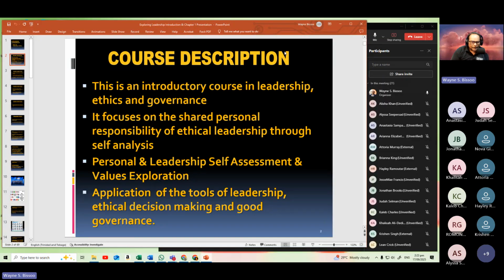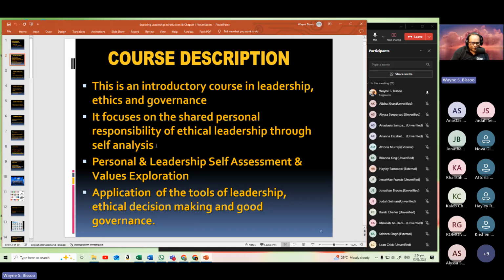The approach is one of very personalized. It's going to require you doing a lot of self reflection, because it's going to be looking at us sharing our personal take on things, looking at our own value structures and sharing that through a lot of self analysis. So we're going to be seeing a lot of that type of assignments that are going to encourage you to do the self analysis.